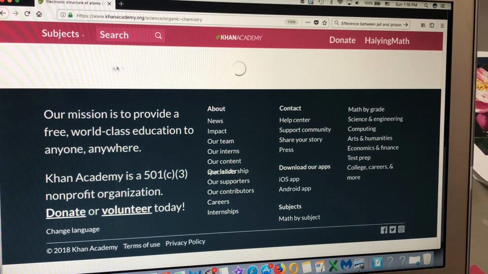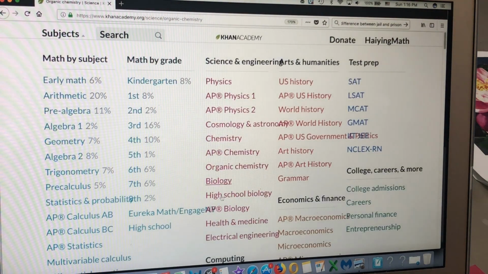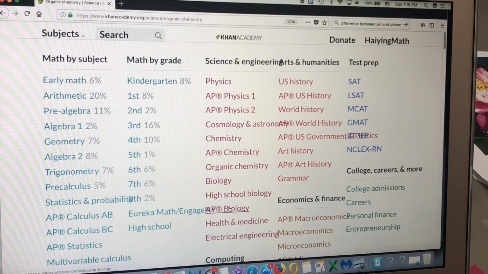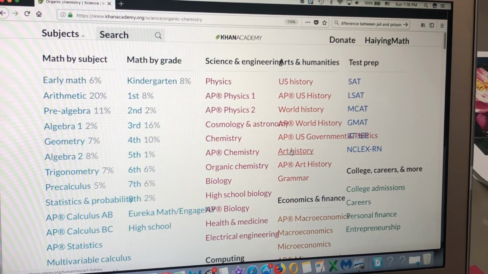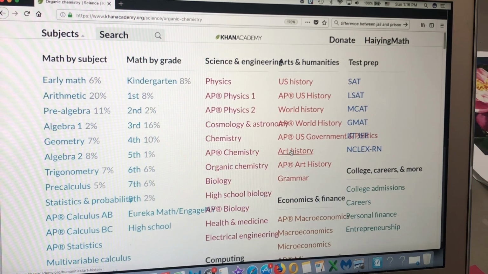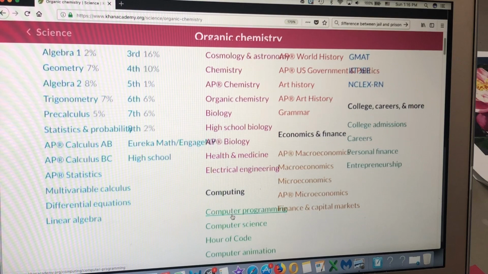Organic chemistry. Let's see. Oh, there is still no practice. How can we learn without tests, right? And high school biology, U.S. history, world history. I think those history things are kind of hard, and there is no particular way of measuring it. There is no rubric to do the measurement. So I will skip that part.